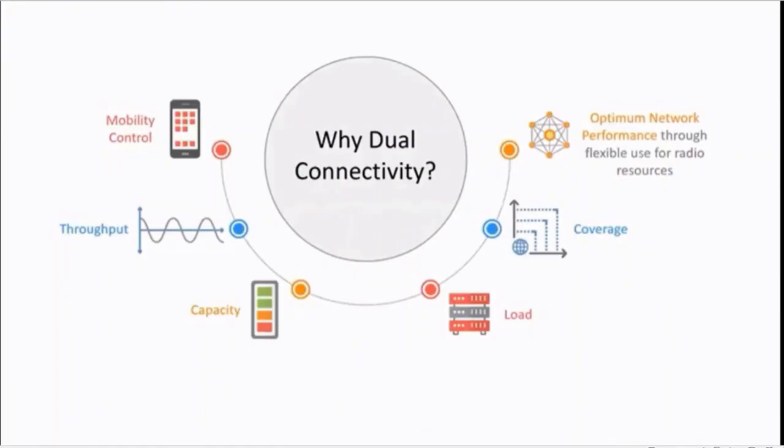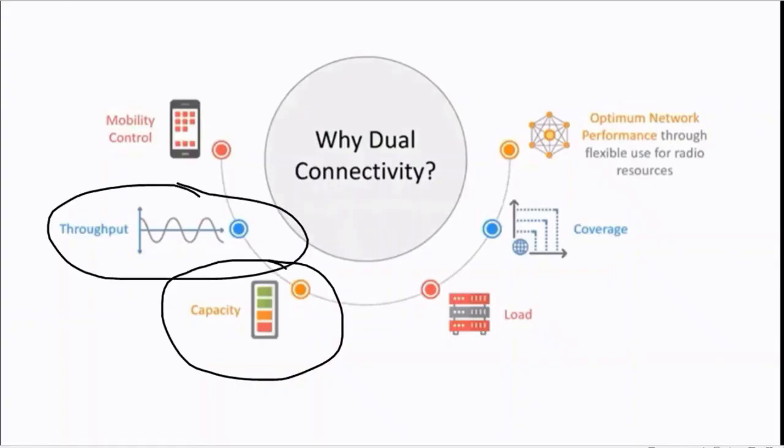So you can see here, we have various reasons for dual connectivity on this slide. One reason is the capacity. One reason is the throughput, right? So can I increase the capacity with the help of dual connectivity? The answer is yes. Capacity is a very interesting word, right?